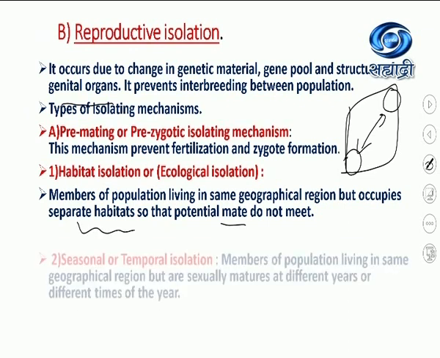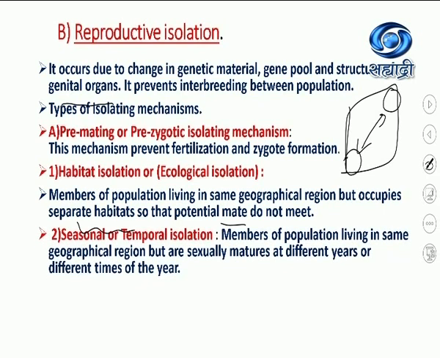Okay. Let us see the second type, seasonal or temporal isolation. Seasonal or temporal isolation is when members of a population live in the same geographical region but sexually mature in different years or at different times of the year. Suppose this is another pond. There is a group of fish here and a group of fish here.